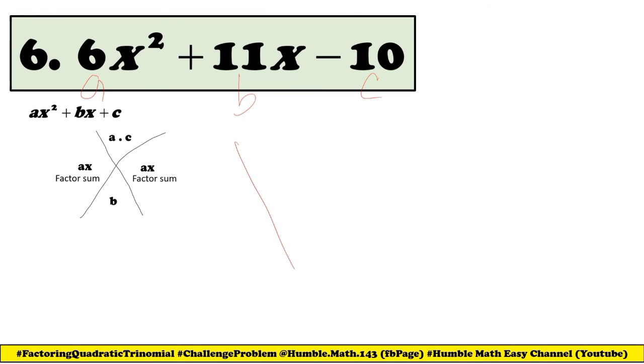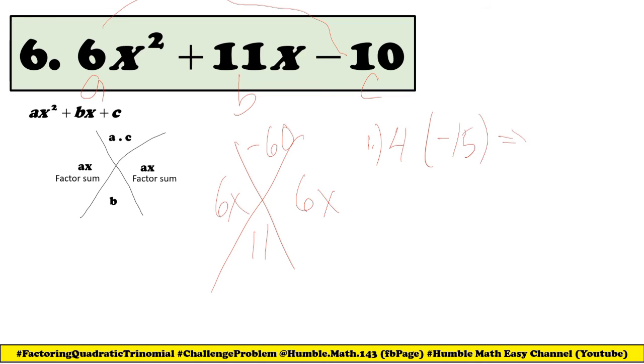So using the diamond box or diamond method, we have here ax, so since a is 6, 6x here, and then we multiply the 6 and the negative 10, so we come up with negative 60, and copy the b, which is 11. So we're looking for the factors of negative 60 such that the sum must be 11. So let us try 4 and negative 15.